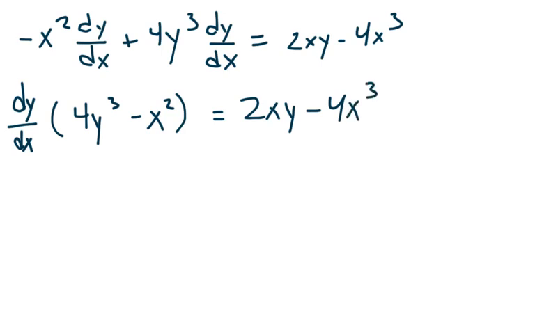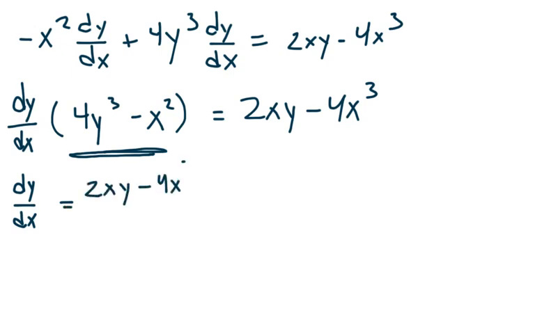Lastly, we can just divide out by the 4y cubed minus x squared term, and we will have found dy/dx without ever needing to explicitly solve for y. So dy/dx is equal to 2xy minus 4x cubed over 4y cubed minus x squared.